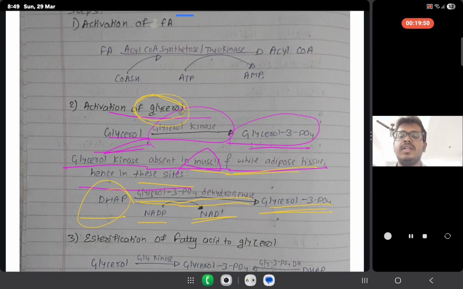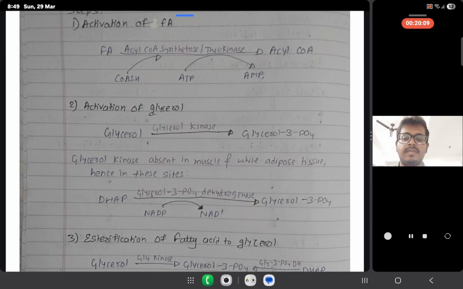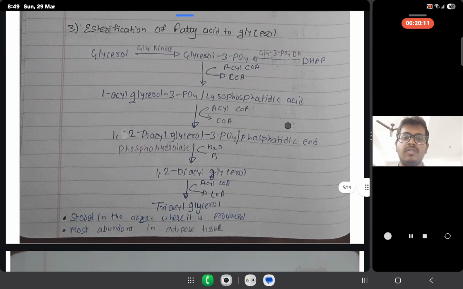Glycerol is converted to glycerol 3-phosphate in presence of glycerol kinase, and if glycerol kinase is absent, then DHAP is converted to glycerol 3-phosphate by glycerol 3-phosphate dehydrogenase. Product is glycerol 3-phosphate. Now we will talk about the esterification of fatty acid to glycerol.